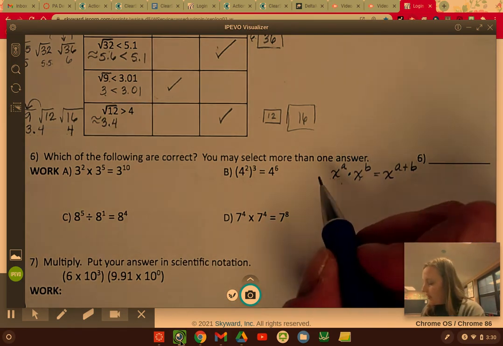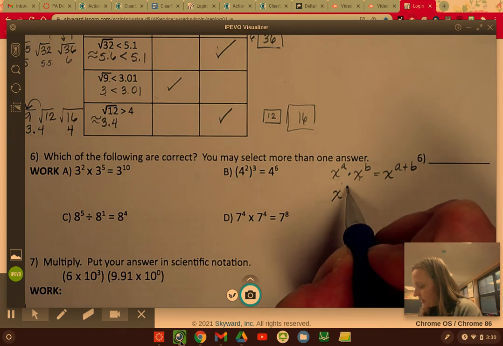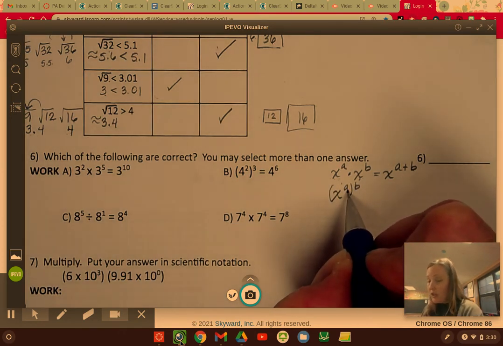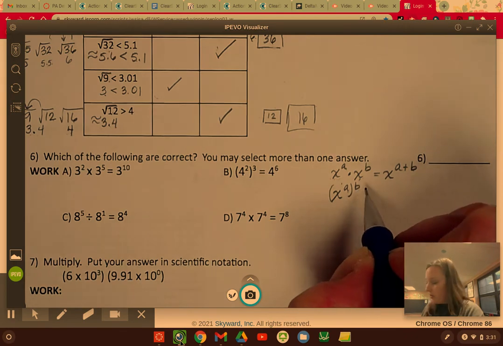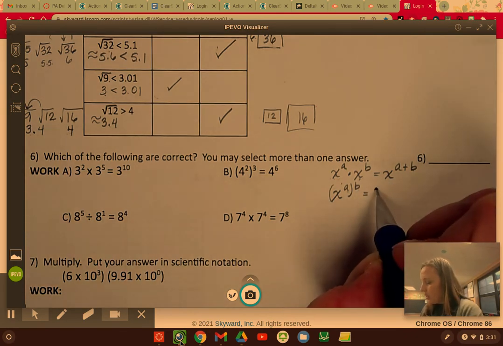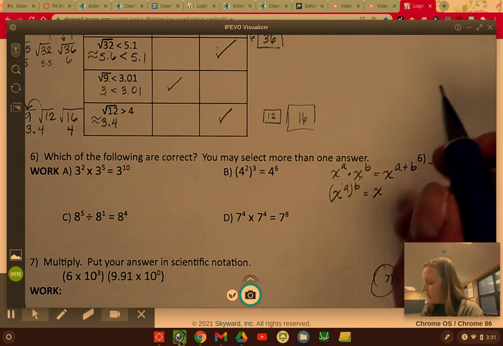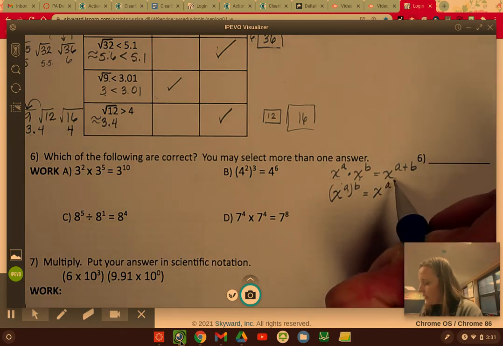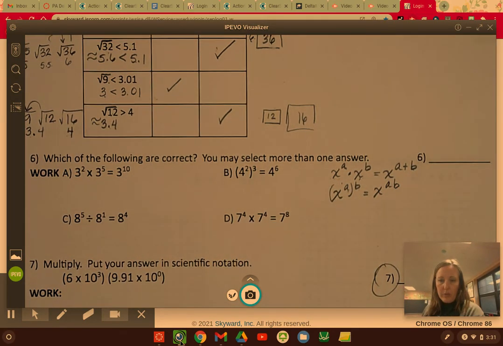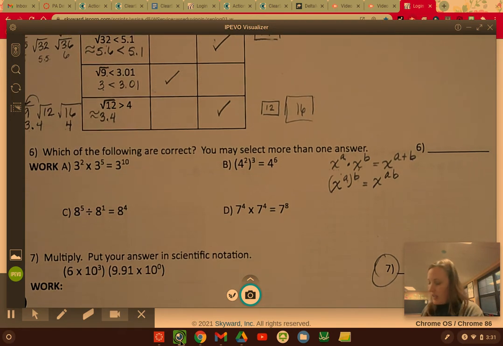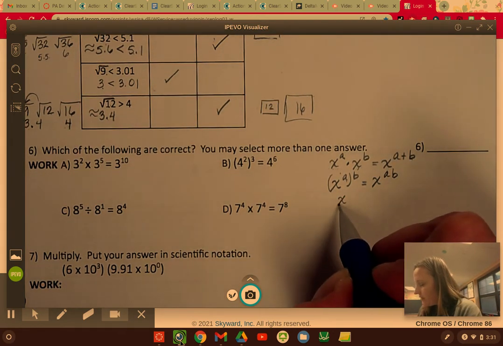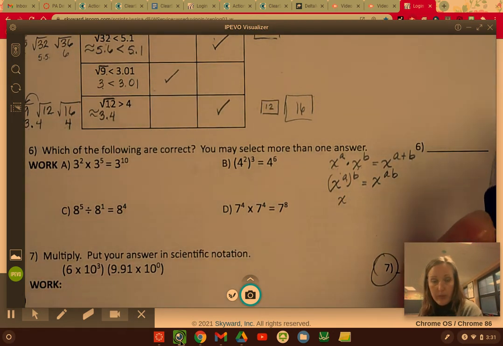Okay? If I have a base raised to an exponent, and then that term is raised to another exponent, the trick here, or the shortcut, or the rule, however you want to say that, is that I'm going to multiply those two exponents. If I'm dividing, so I have this monomial, remember that word monomial?